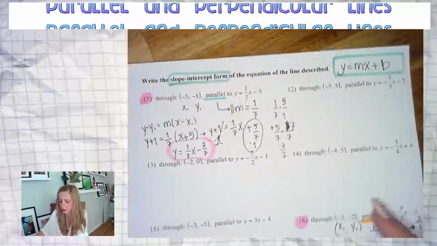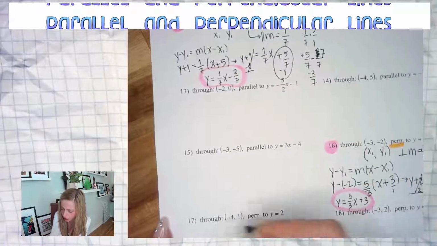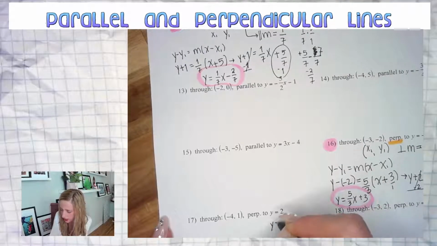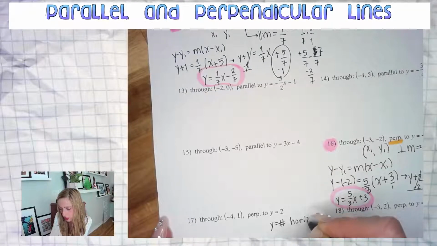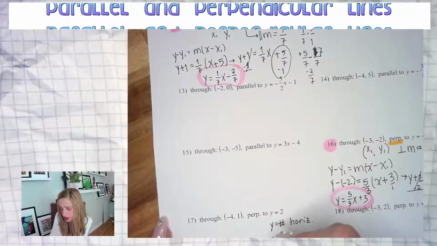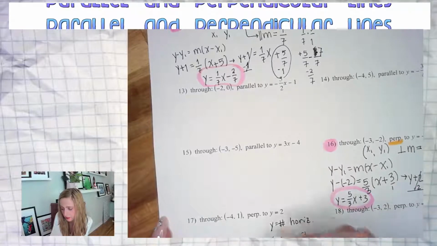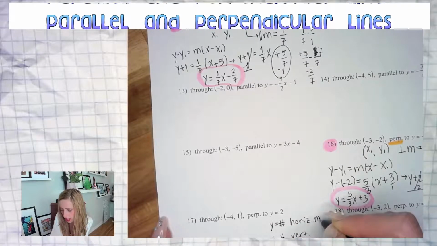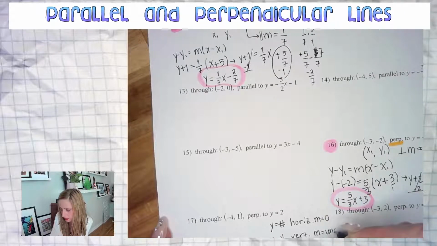You might also want to remember, just to throw in a little note, that y equals a number is a horizontal line. X equals a number is a vertical line. The slope of a horizontal line is 0, and the slope of a vertical line is undefined.